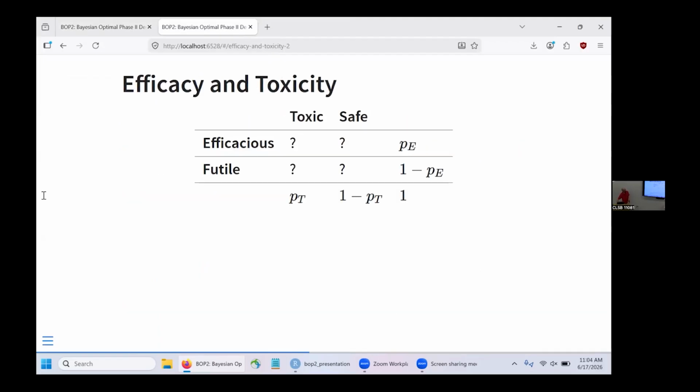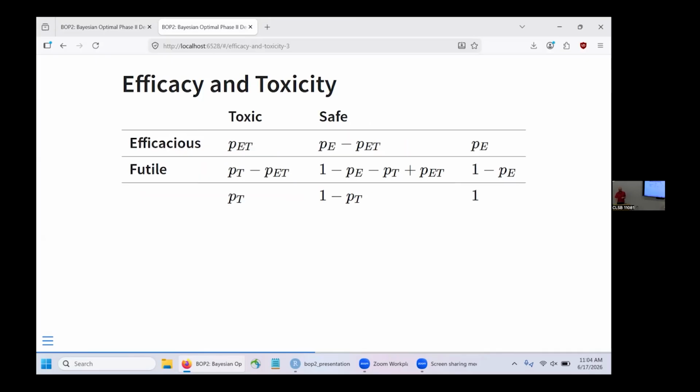Another way that things get more complicated. So we are concerned with the probability of efficacy and the probability of toxicity. But there are also these other cell probabilities of these intersections. So they will get filled in as soon as we provide one joint probability, the probability of efficacy and toxicity.